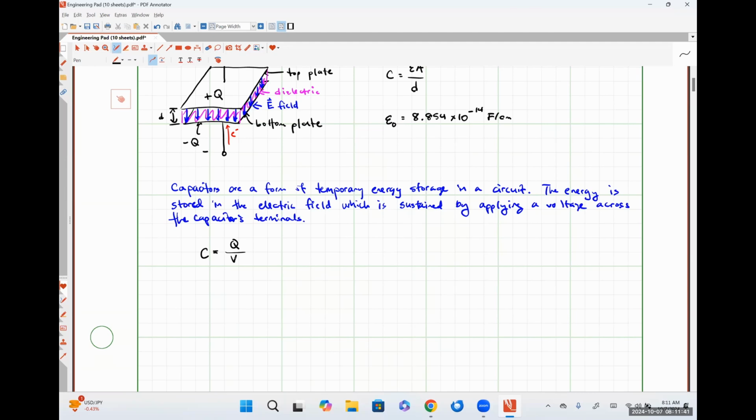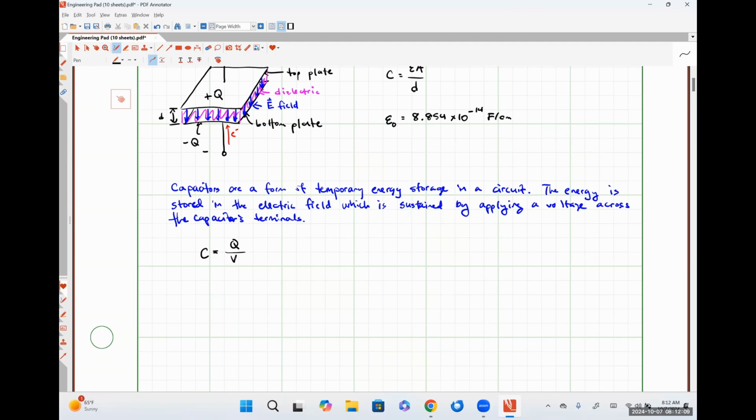So this is actually kind of similar to what we had when we were dealing with inductors, right? So we defined inductance mathematically as a ratio of magnetic flux divided by the current that causes the flux. Here we have charge divided by the voltage that effectively causes or accumulates the charge. So it's a very similar relationship, okay?